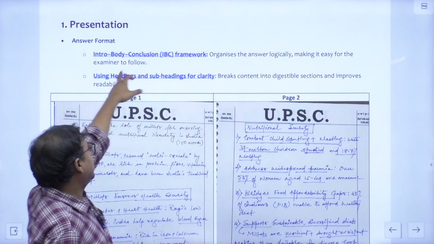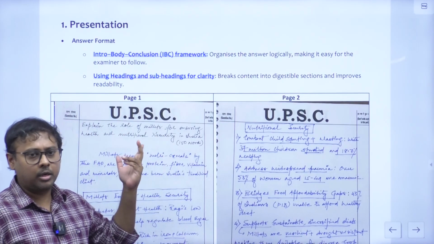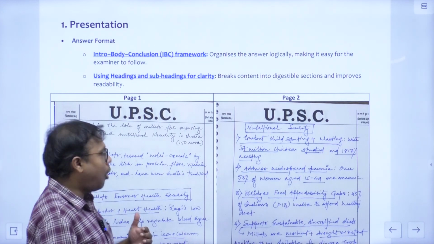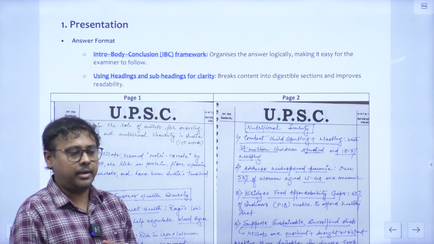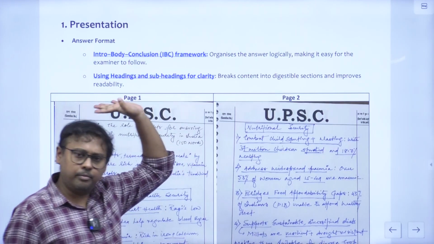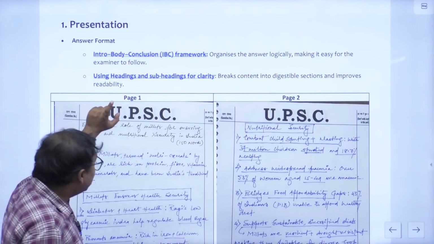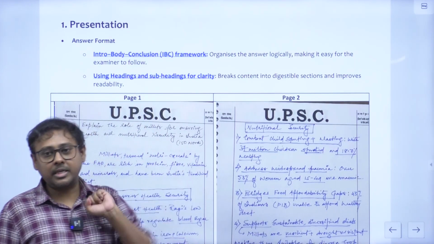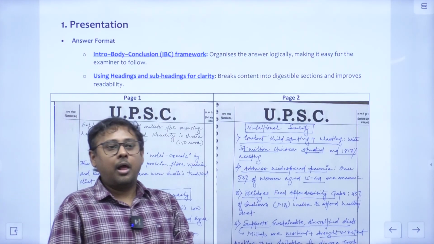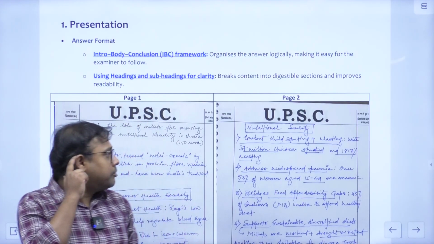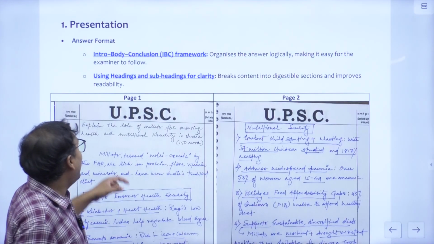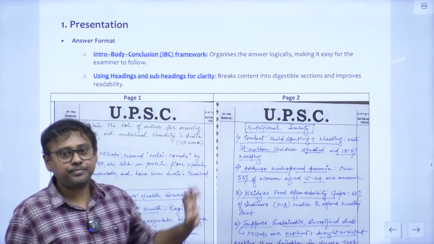So obviously you know this part, the IBC part: intro, body, conclusion. We have talked about it. So organize the answer logically, right? This part has been followed through the ages. Now, there's a reason why I have written this. Most of the time, because of paucity of time, the conclusion is missed.